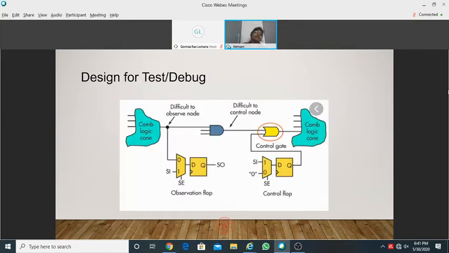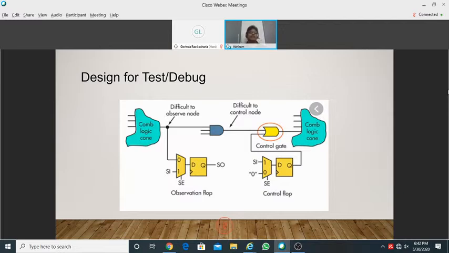Yeah, and as I explained earlier, designs with hundreds of millions, billions of gates. So now we have so much logic inserted, so many IPs. So now how do we observe where the issue is? How do we control a particular gate? For example, to divert if a particular data path has a problem.